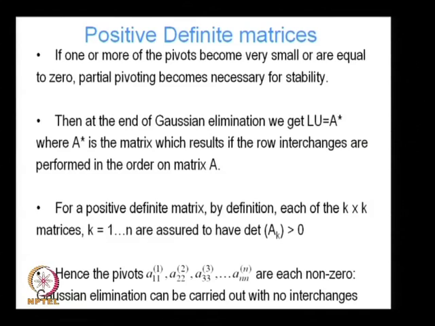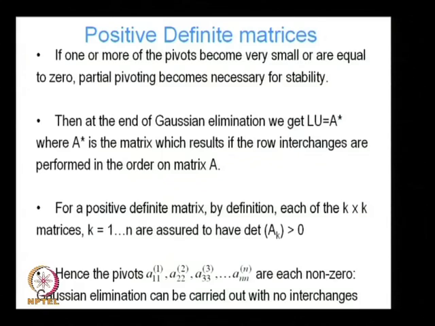However, for a positive definite matrix, by definition each of the k by k submatrices, k from 1 through n, is assured to have positive determinant. Therefore, the pivots a11, a22, a33, ..., ann are each non-zero, and therefore Gaussian elimination can be performed with no interchanges.